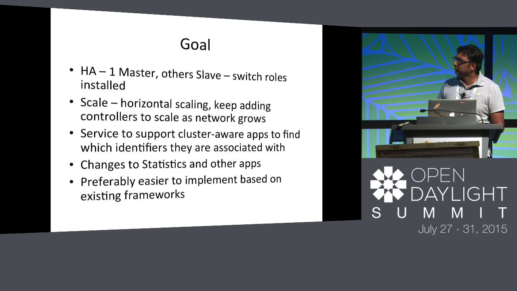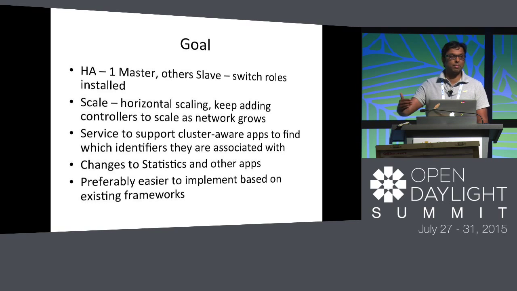In this Beryllium, we are trying to make changes to statistics and make it better, based on existing frameworks, so that we don't have a huge time lag from the start of the design and can complete this in this time frame. This is because OpenFlow clustering is in great demand; people need to scale.